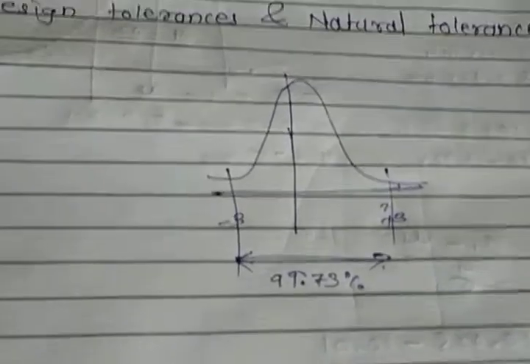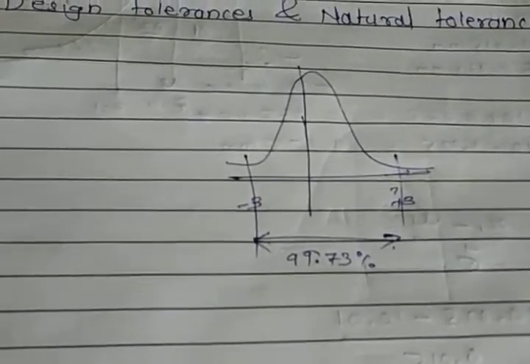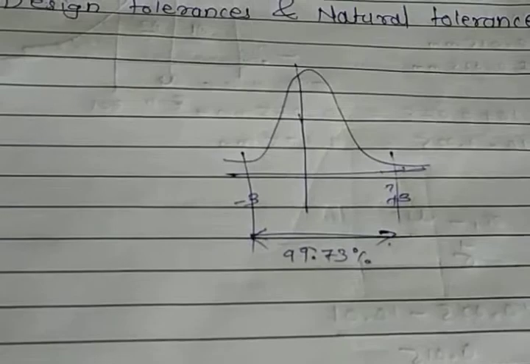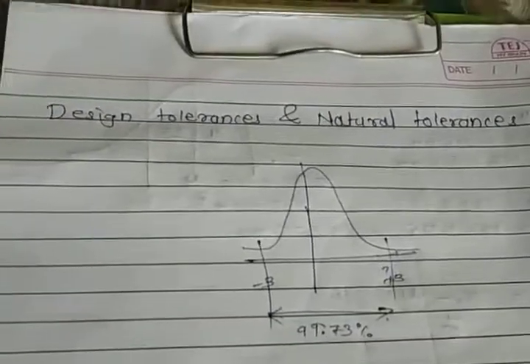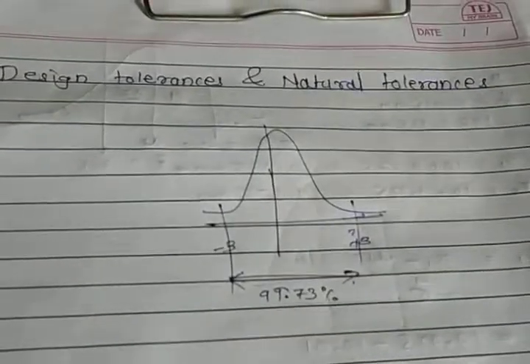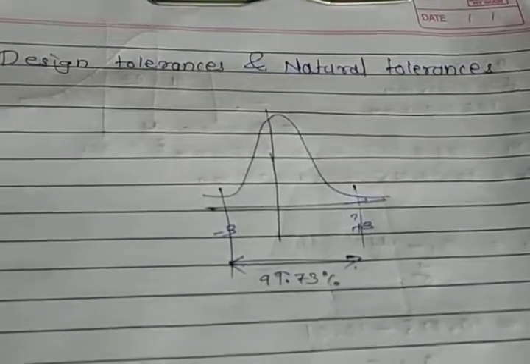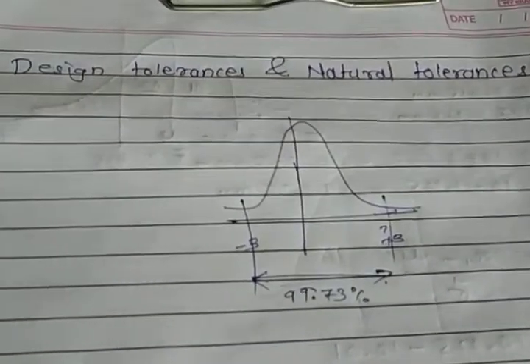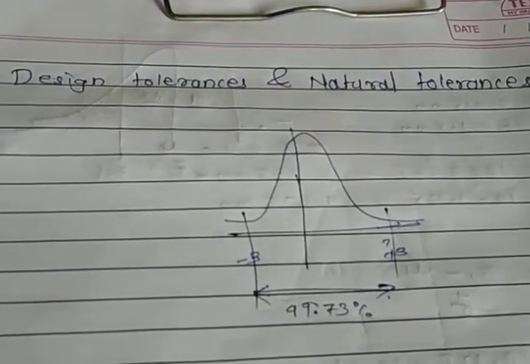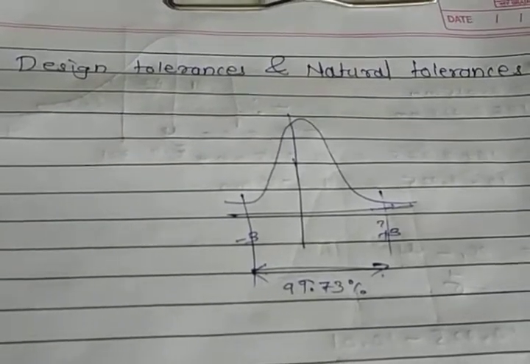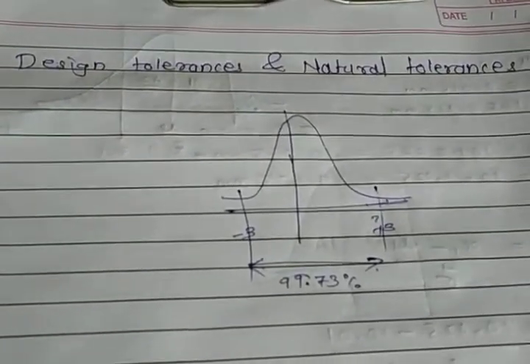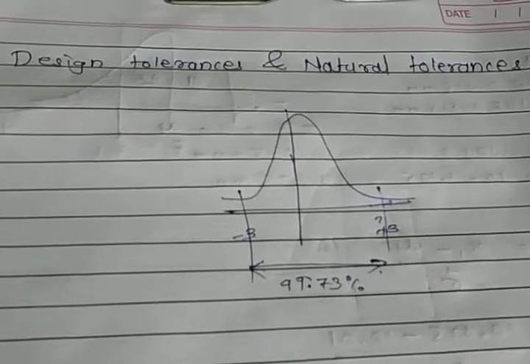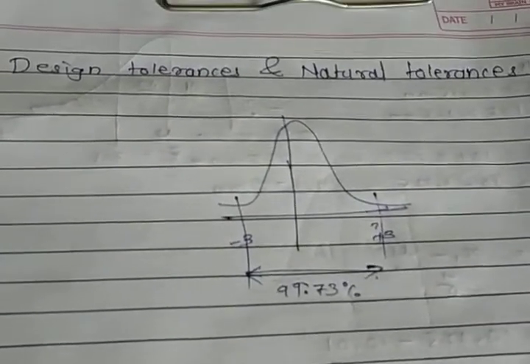Now what are the design tolerances? The design tolerances are nothing but the specification limits which are set by the designer. Designer means engineers. Whatever the engineer desires to have, suppose the engineer needs exactly a 10.02 mm shaft.